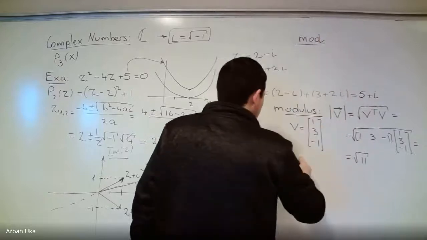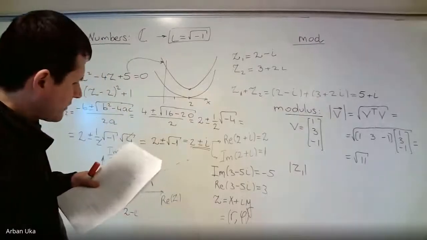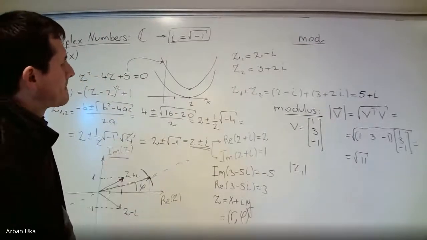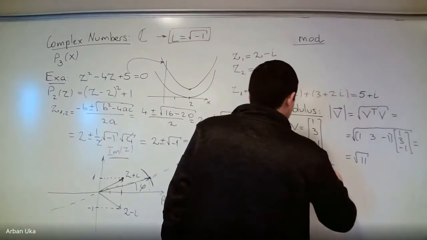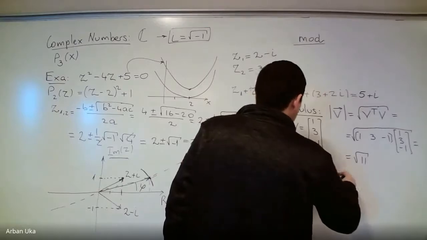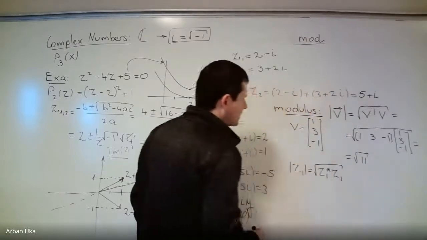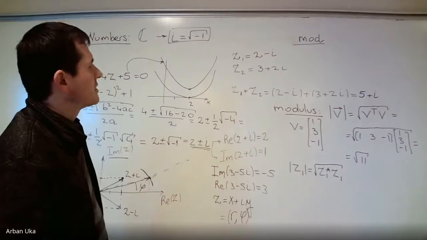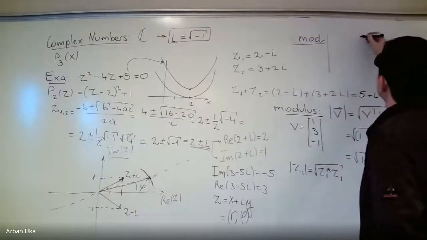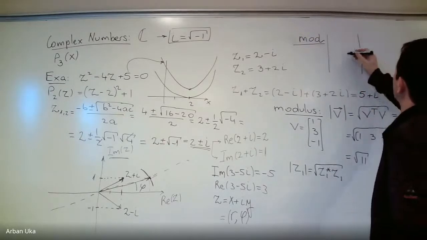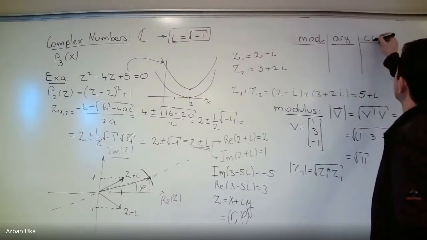This modulus is defined as follows. Let's try to identify the modulus of Z1. The modulus of Z1 is defined in a similar way to the magnitude of vectors, because it is the square root of Z1 complex conjugate times Z1. Let's also write here the argument, and the complex conjugate, CC.